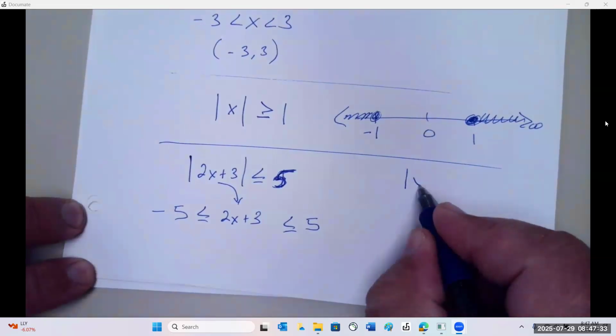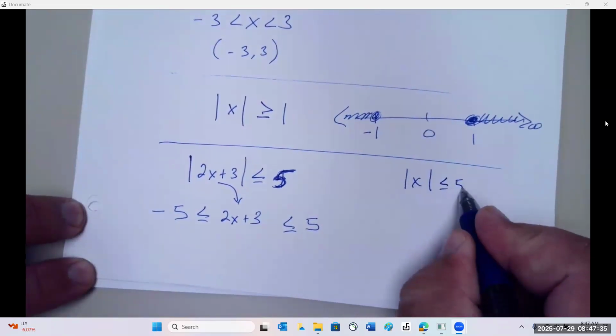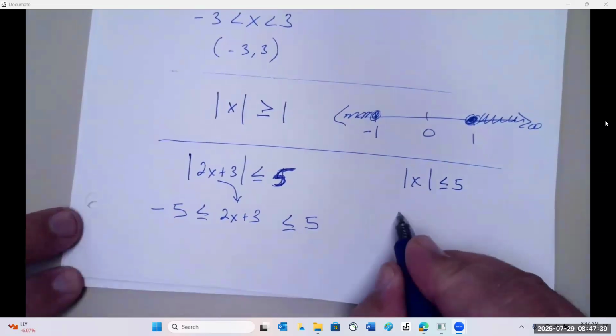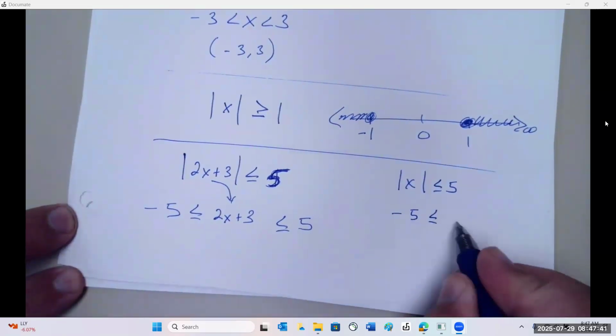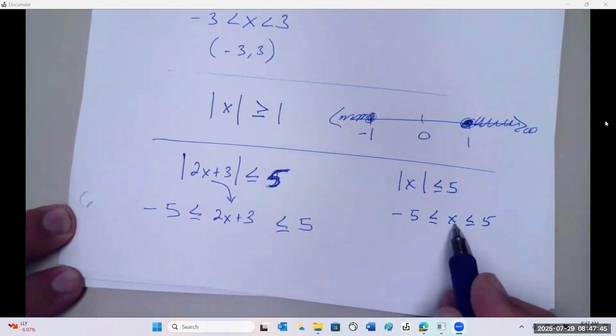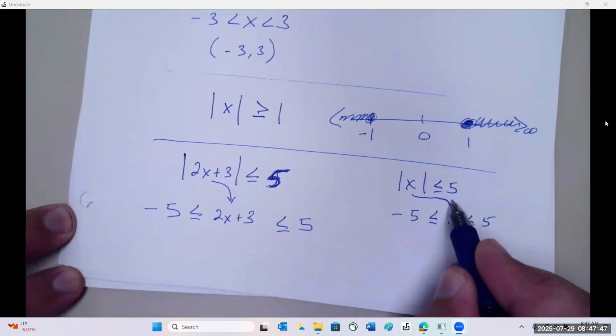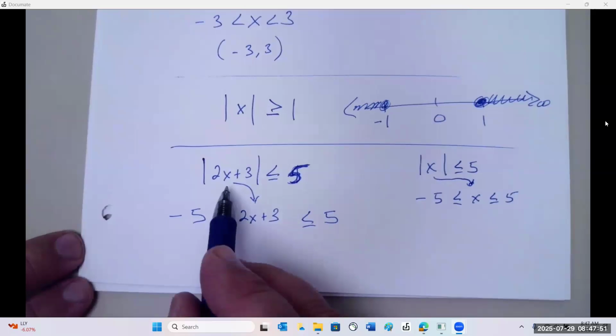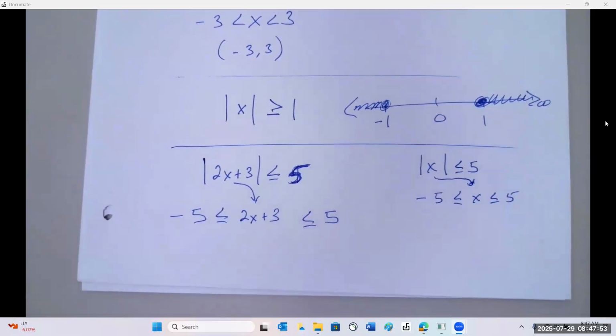It's no different than if I just gave you that. You would set it up negative 5. Why did you put an X here? Because that's what's inside the absolute value. In this absolute value, it's X plus 3.